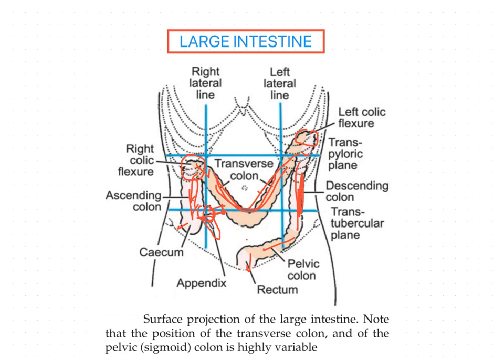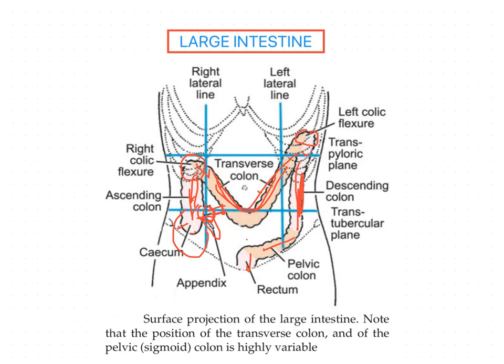Next, the transverse colon is suspended from the posterior abdominal wall by the transverse mesocolon, and the sigmoid colon by the sigmoid mesocolon. The cecum is usually surrounded all around by peritoneum and therefore has considerable mobility.